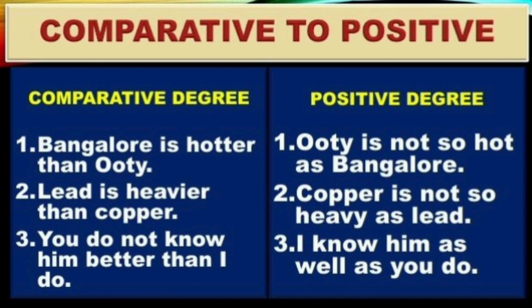So they exchange places. I know him as well as you do. Here the negative sense is changed to positive sense. I know him as well as you do. So "better" is a comparative form and the positive form of "better" is "well".